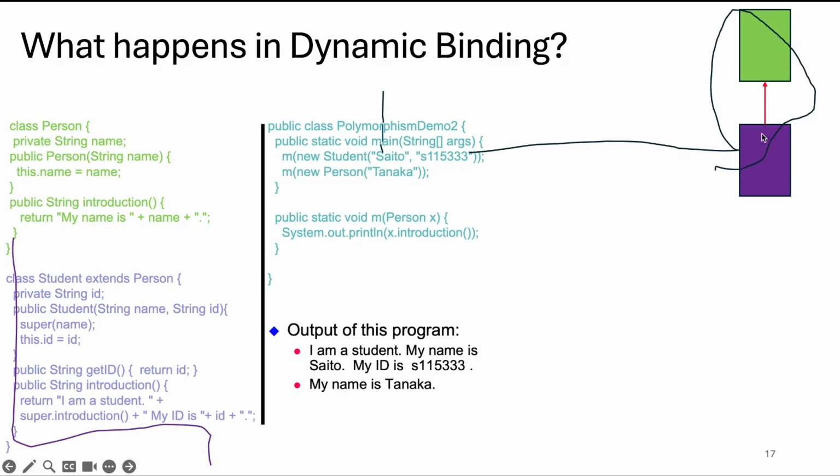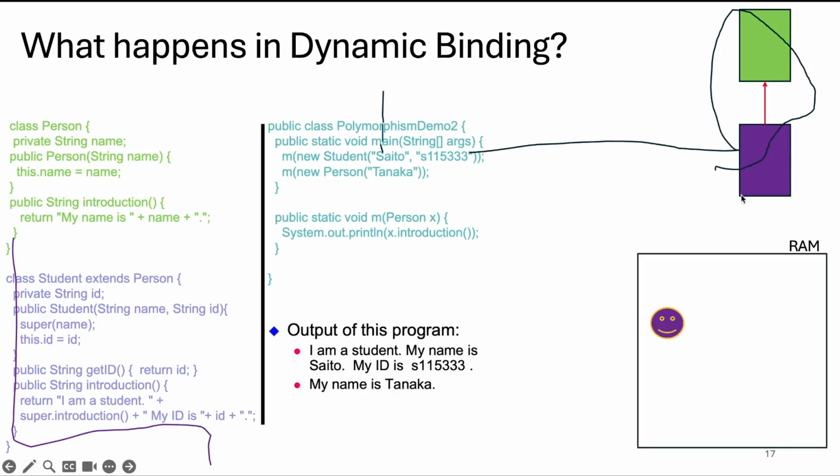Once you complete the steps in the Student subclass, in the RAM, we will create the object for the student with the name Saito and ID S11533. Now observe what has happened.